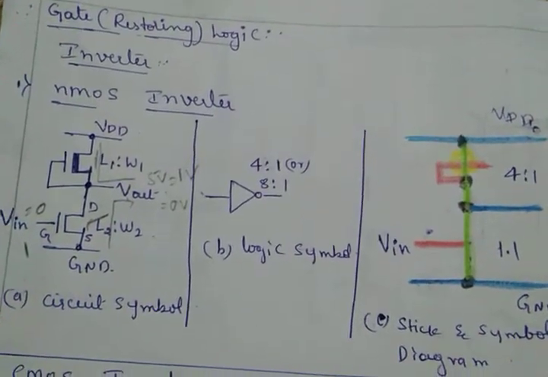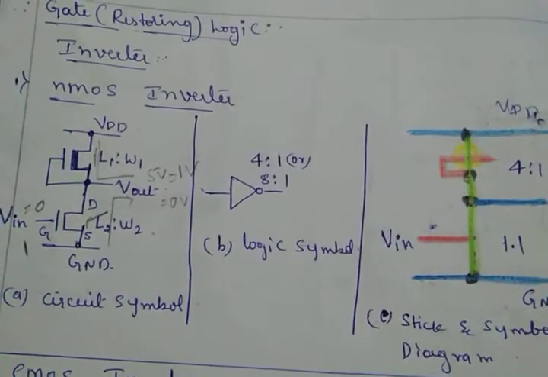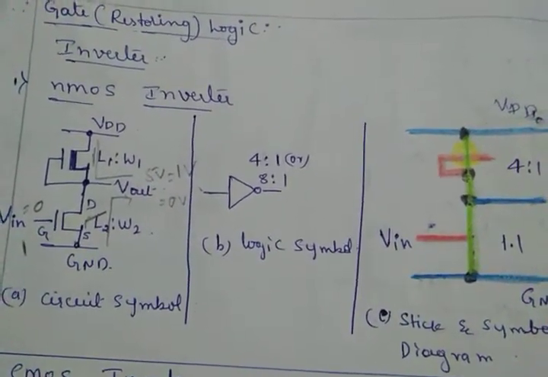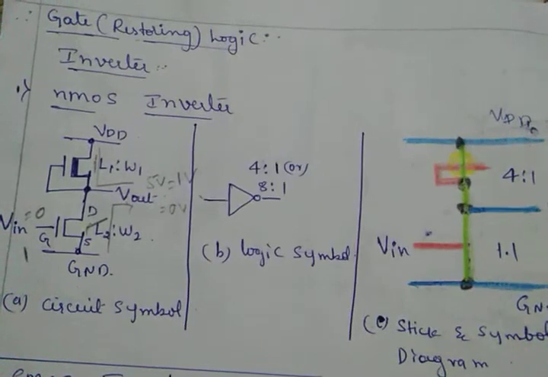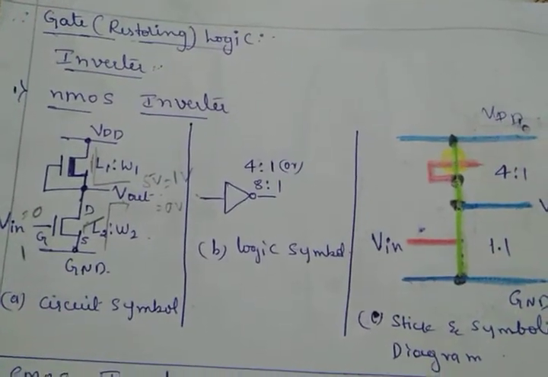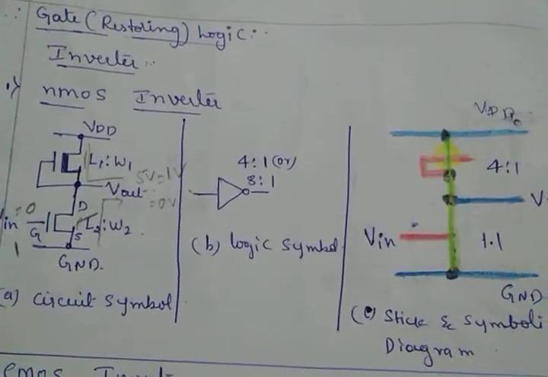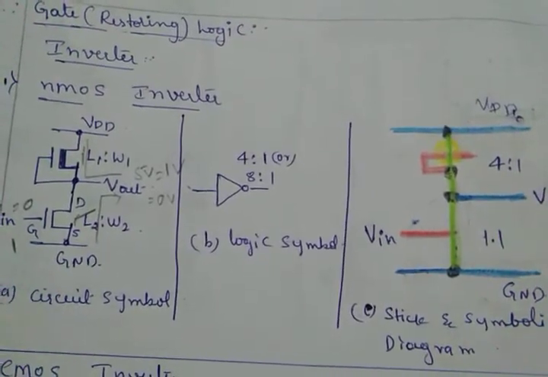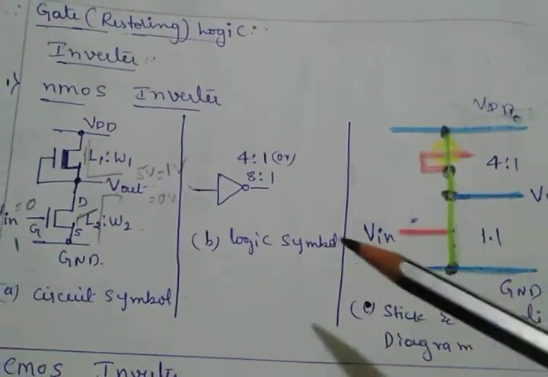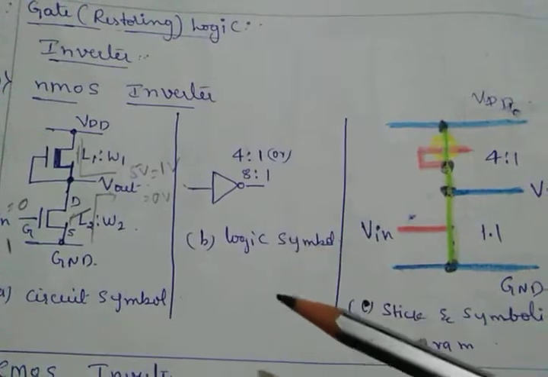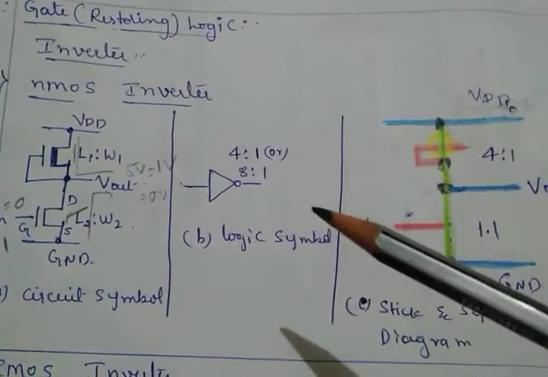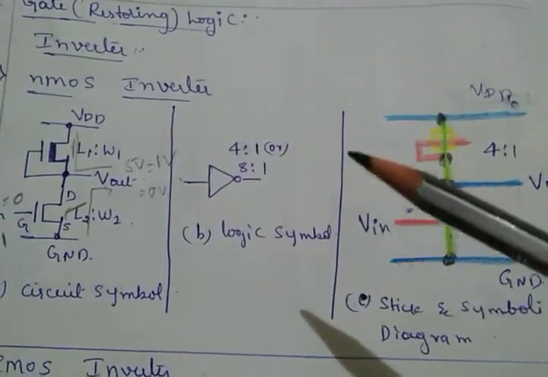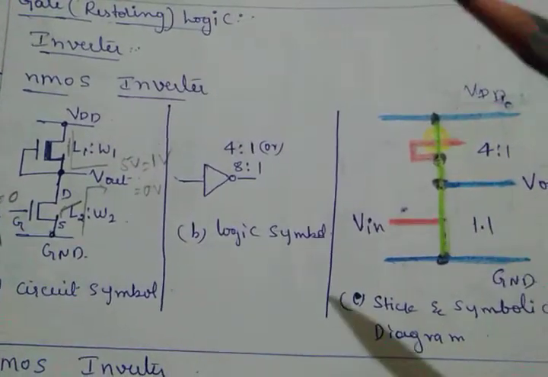So what is the meaning of imperfect input? Usually we give an input of 5 volts, correct? We expect exactly 5 volts, but sometimes an imperfect input means 4.2 volts or 4.3 volts is given as input.